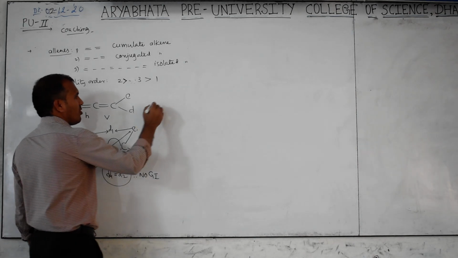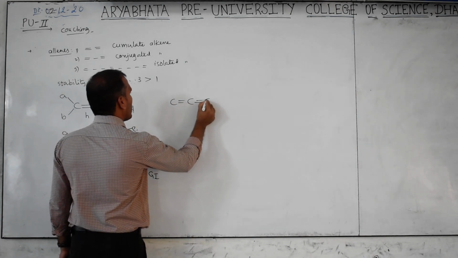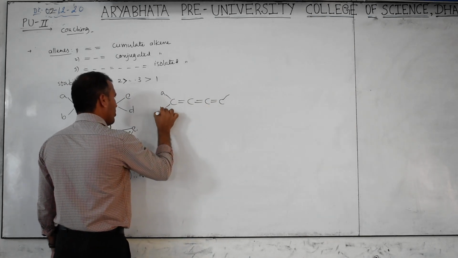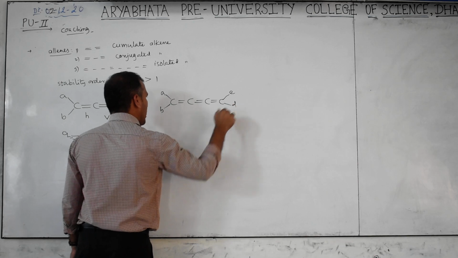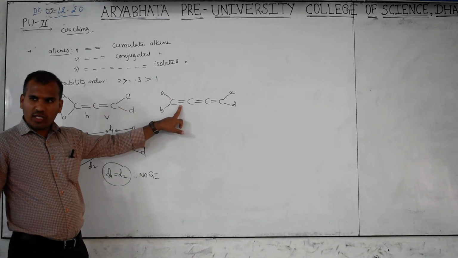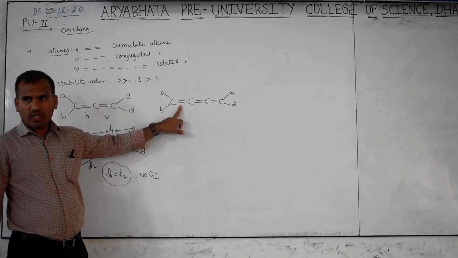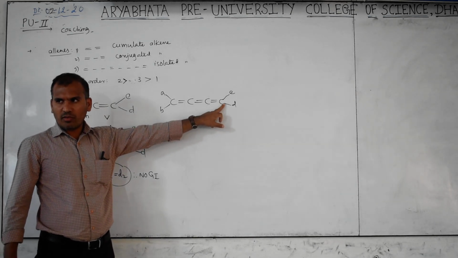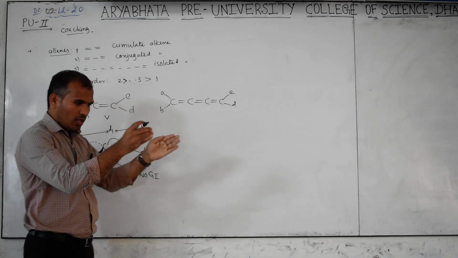Now I will write one more: double bond, double bond, double bond like this. Here A, B, E, D. Now if the first double bond is horizontal, the second double bond is vertical, and the next double bond is horizontal. Got the point?